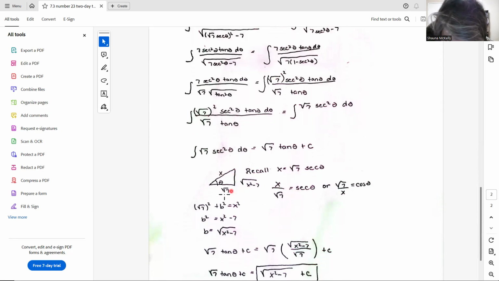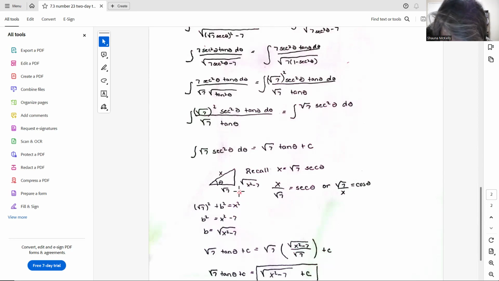I've drawn the right triangle over here for you. So cosine is adjacent over hypotenuse, square root of 7 over x, and then I did the little Pythagorean manipulation. If you need it, it's there for you.